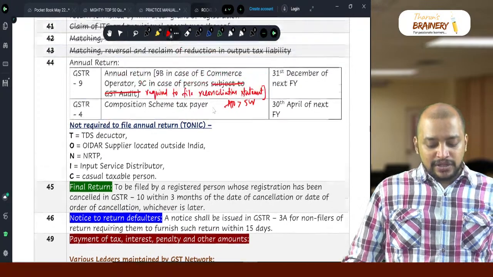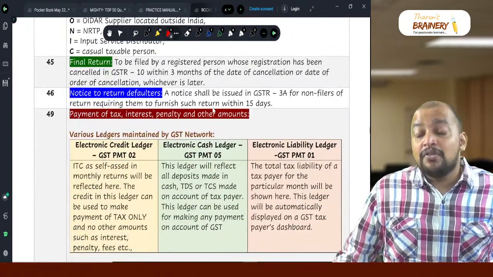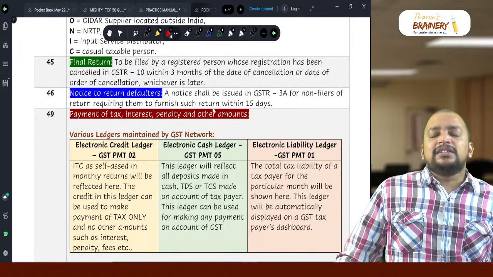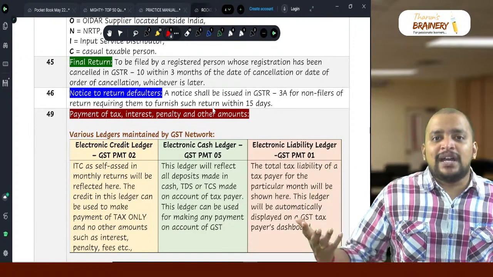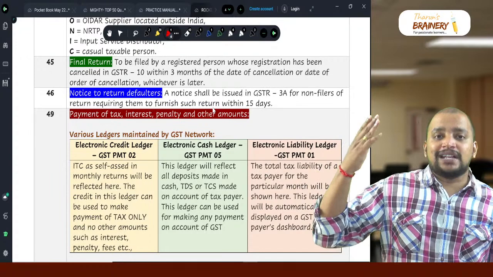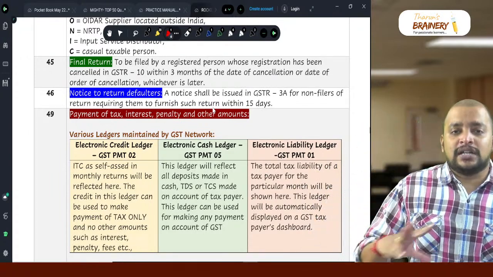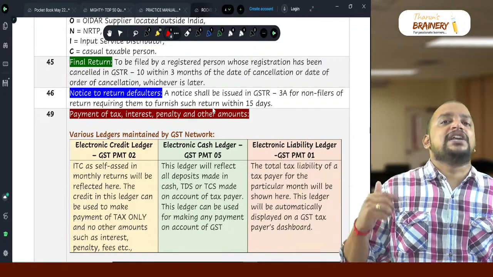Okay. So that is about section 44. Then section 45, final return. Who is required to file final return? Whenever my registration is cancelled. Within 3 months from the effective date of cancellation of registration or the date of the order for cancellation, whichever is later, is the time limit by which I need to file the final return.